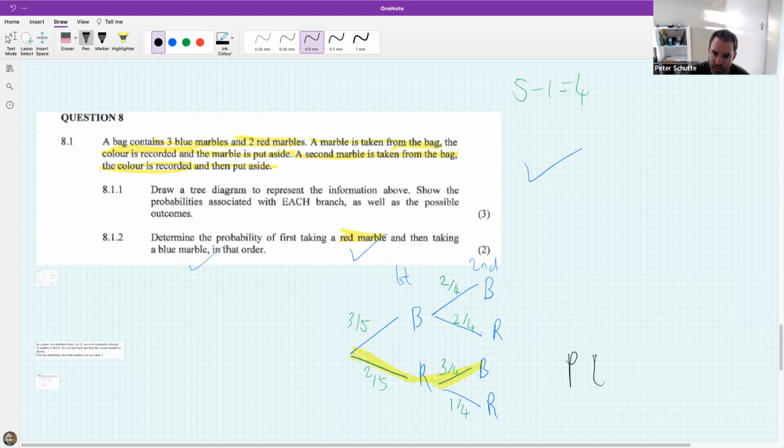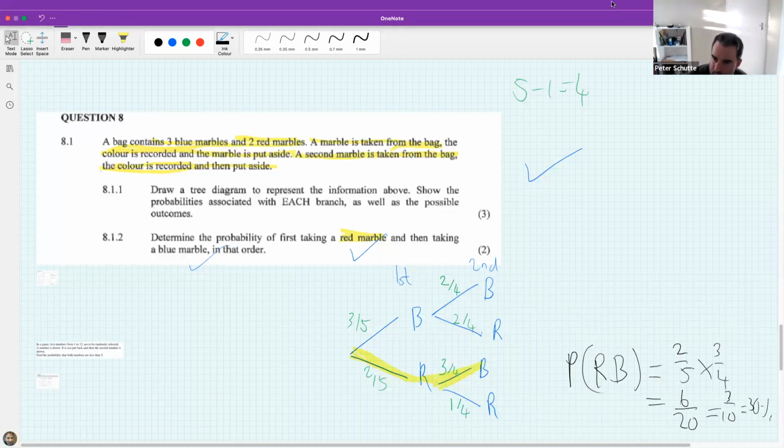The probability of getting a red and then a blue. So that should be 6 out of 20 or 3 out of 10 or 30% chance. Okay, so it's not so bad.